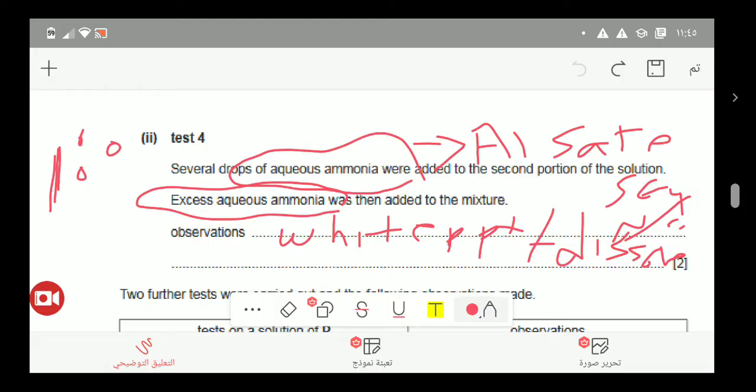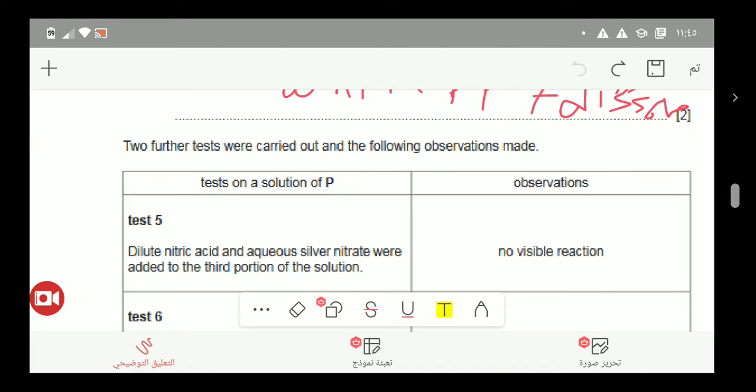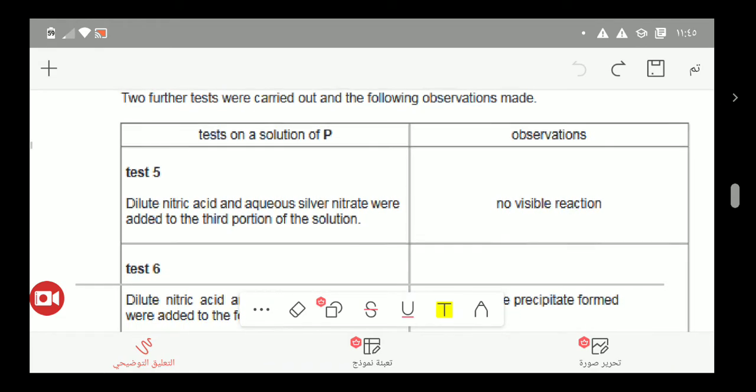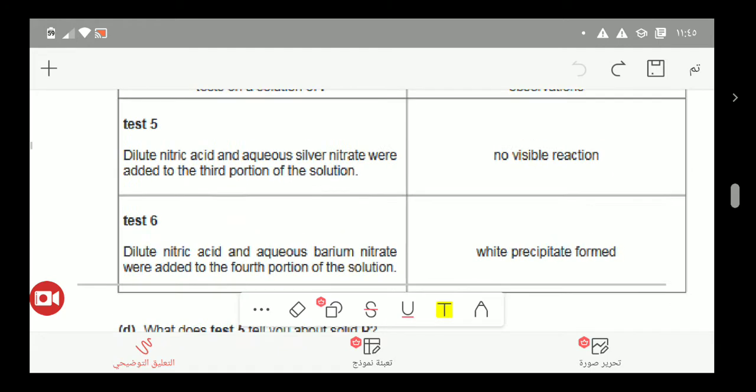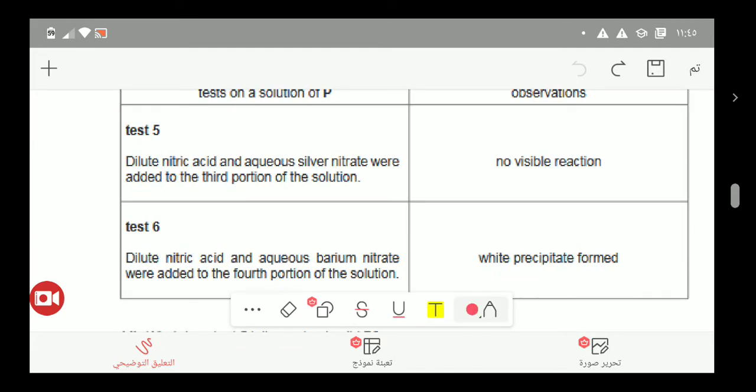Let's move to the next part. Two further tests were carried out with the following observations. Dilute nitric acid and silver nitrate are used to test for halides: chloride, bromide, iodide.